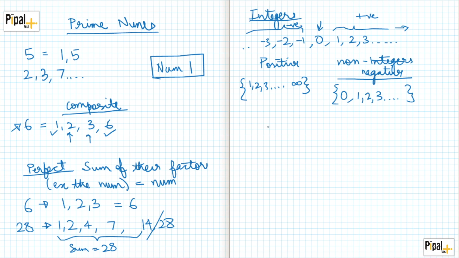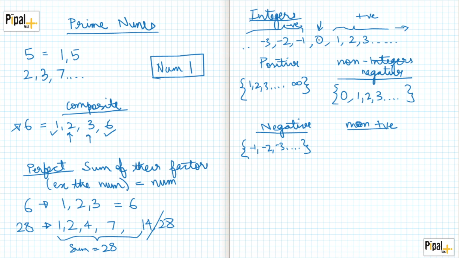Similarly, there is this difference between the negative integers and the non-positive integers. The difference is exactly the same. Negative integers are here, -1, -2, -3 and so on. So I'll write these here. But non-positive are all the integers excluding all the positive integers.